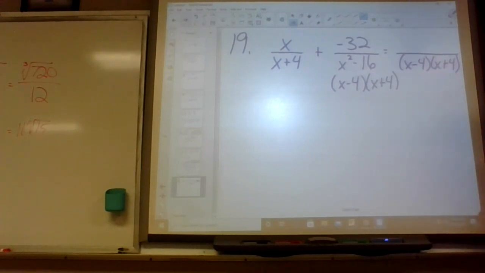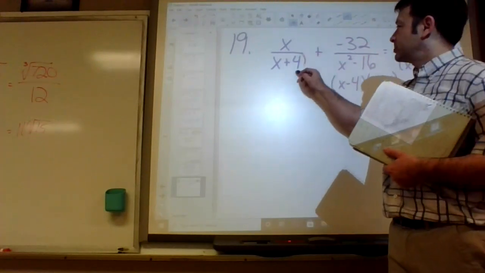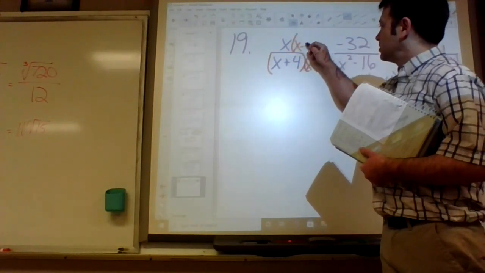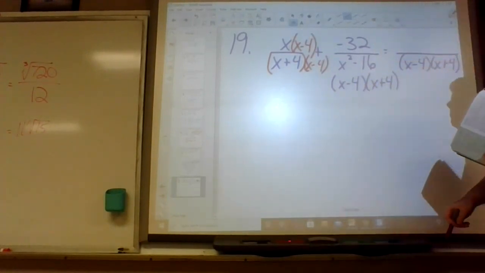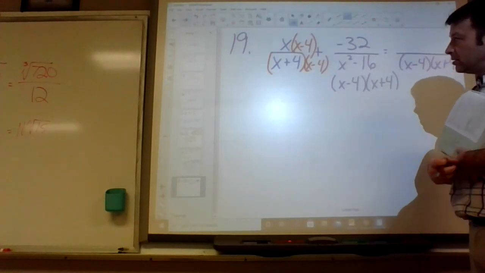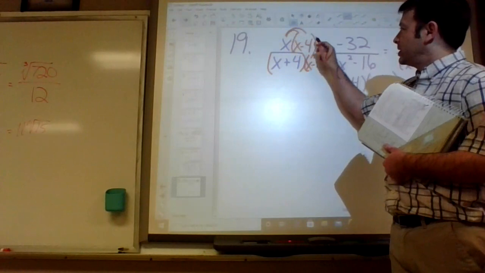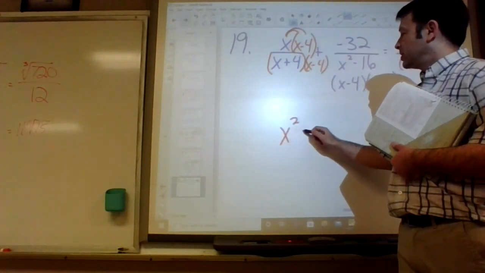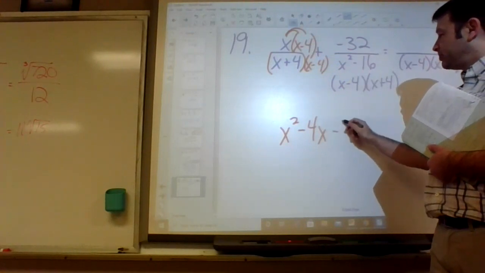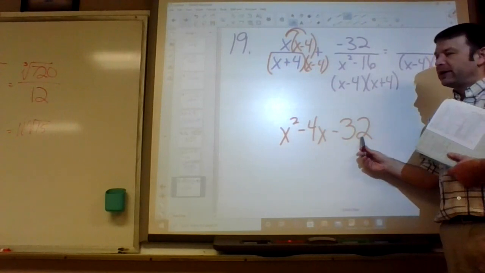What is my first denominator missing? Missing the x minus 4. What does that make the top? So if I simplify this top here, I get x squared minus 4x plus negative 32, which is just a minus 32. Does that factor?